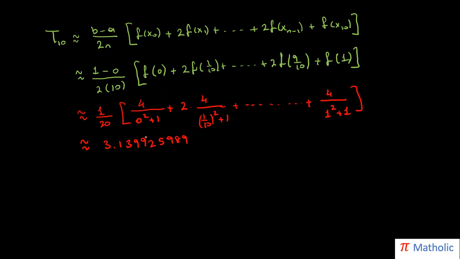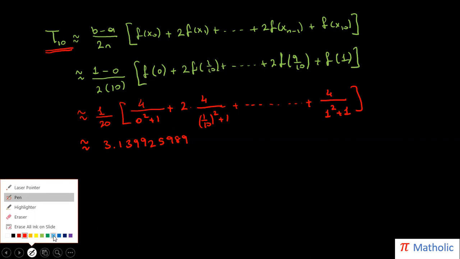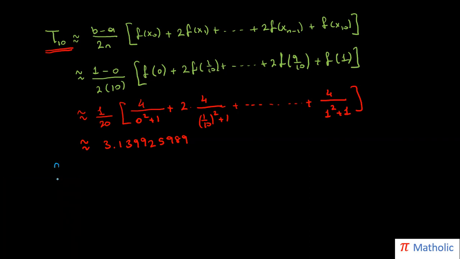3.139925989. So which rule is this one? Trapezoidal. Yes. So one left, which is Simpson's rule. Let's represent this by S10. Can you tell me the rule for this one? What was the formula? (B minus A) over 3n, right?